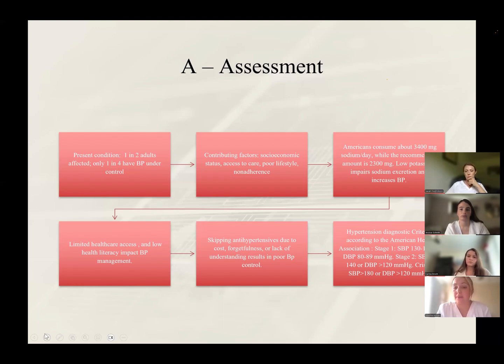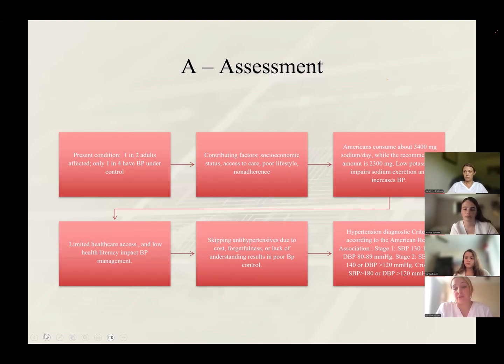These are some numbers showing hypertension diagnostic criteria according to the American Heart Association. We have three stages. Stage 1 is systolic blood pressure between 130 and 139, or diastolic blood pressure between 80 and 89. Stage two, of course, the higher the number, the more serious the stage is.